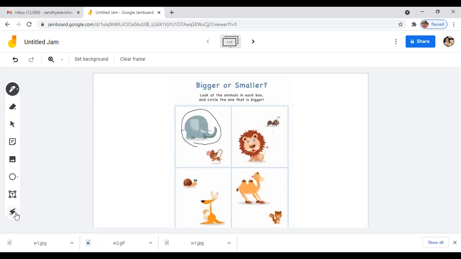Can we look at the second example here? Yes. We are able to see an ant and a lion. So which is bigger here? Ant looks tiny, right? It's very small. Lion is big.